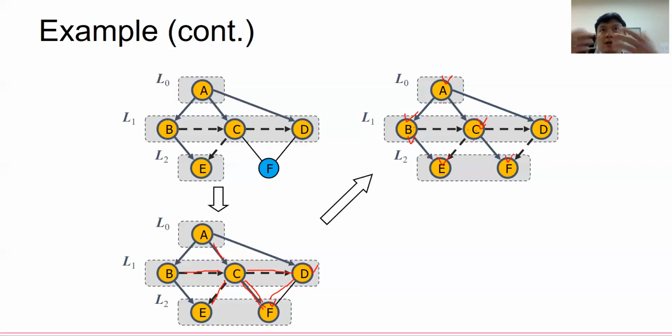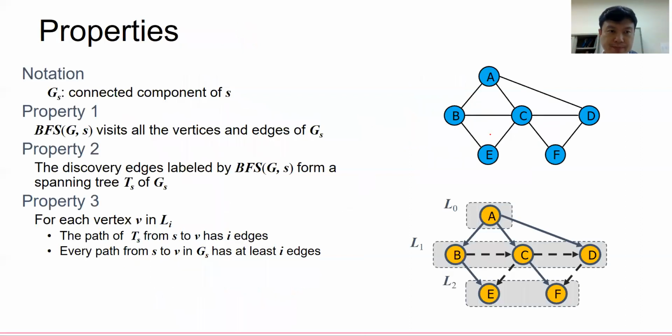So it means the breadth. Okay, breadth means you want to go to the neighborhood, and after you visit the neighborhood, you will go to the next neighborhood, and you visit all the nodes at the next neighborhood. Okay. So the properties that we use in the BFS, yeah, we use the connected components.